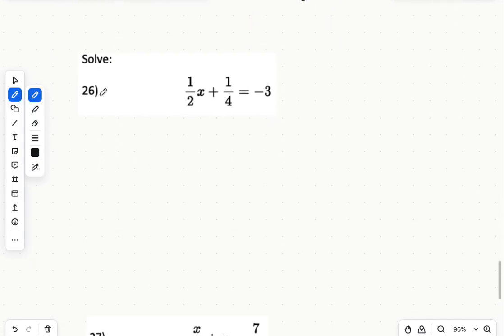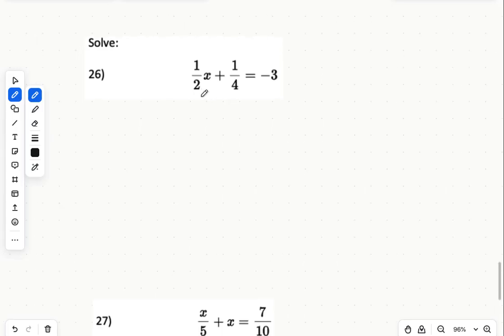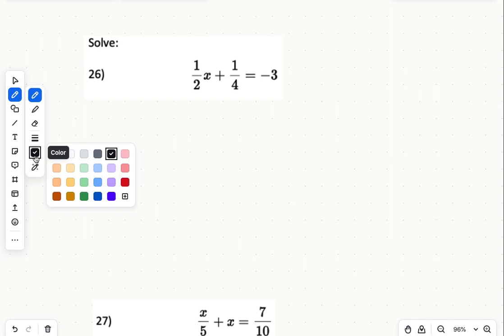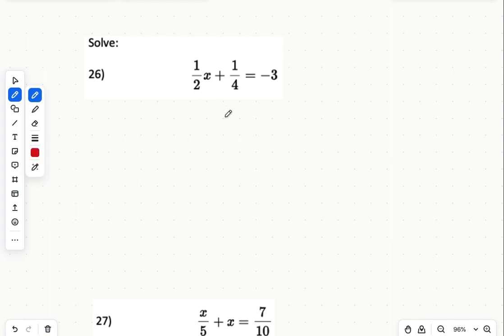Okay, so now we got equations involving fractions. There's a couple of ways to do these. I think I will do the long one first, and then I will show you the shortcut. If I was just thinking of this like every other linear equation that we've solved so far, I would do my addition or subtraction first and my multiplication and division second.